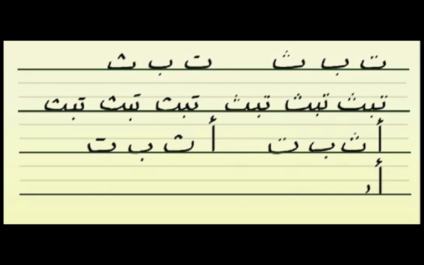Connect different ones now with the aleph. The aleph in the initial position does not connect, and it's usually associated with the hamza sound, the glottal stop. Athbata, ta at the end, two dots, ba, dot below, tha, three dots.